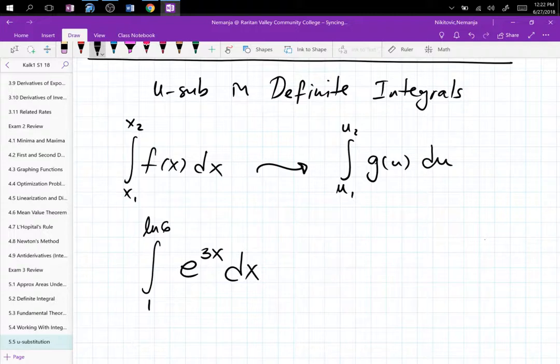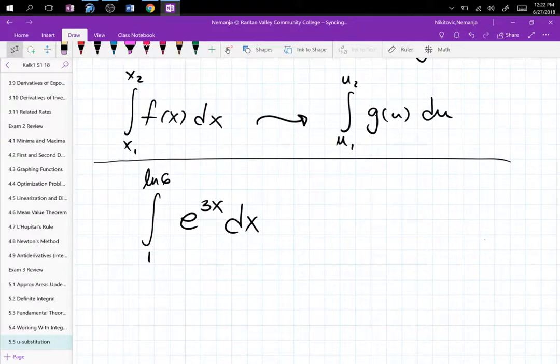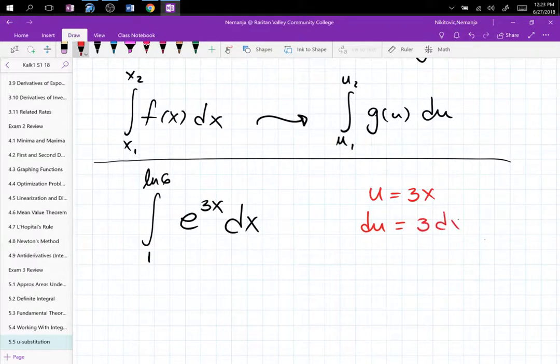All right? So this is a definite integral. Now, you know how to solve this problem if you don't have limits, and you do the same. So your u is what? 3x, okay? And what's du? The derivative, which is 3 dx, right?